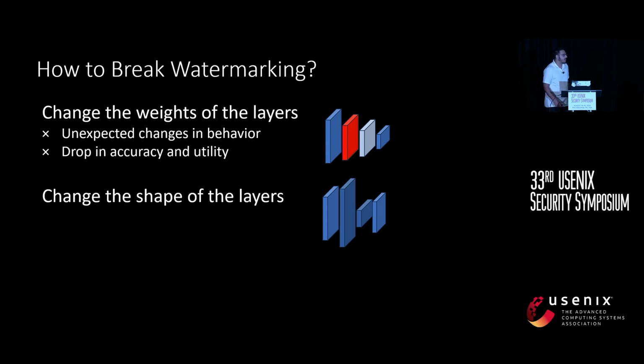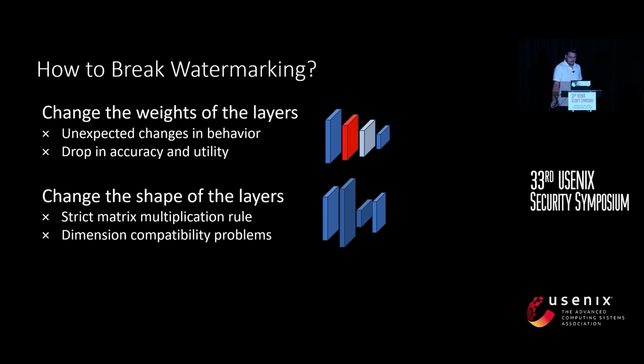We could change the shape of the layer such that the position of the specific weights would not be the same, so the impartial judge could no longer find the specific weights. But neural networks obviously follow a strict matrix multiplication rule, and then there will be a dimensional compatibility problem during the multiplication of the input.